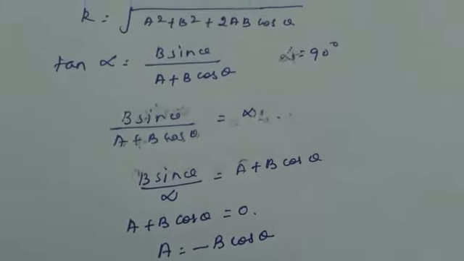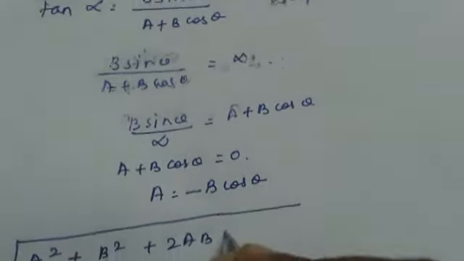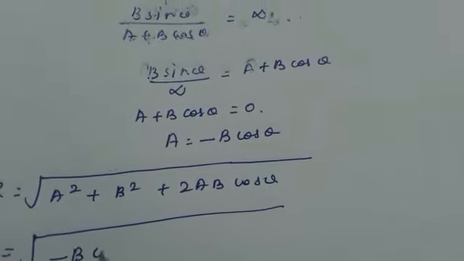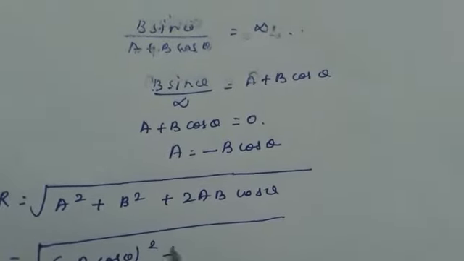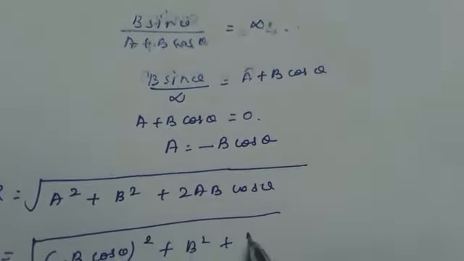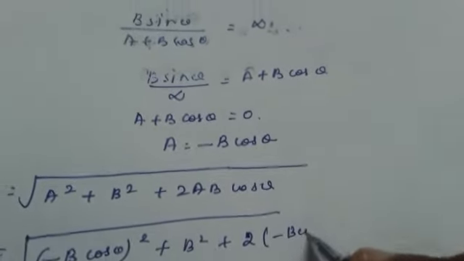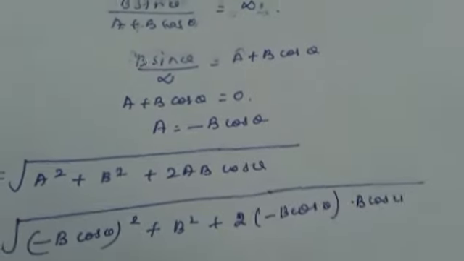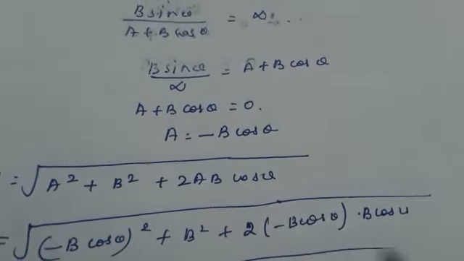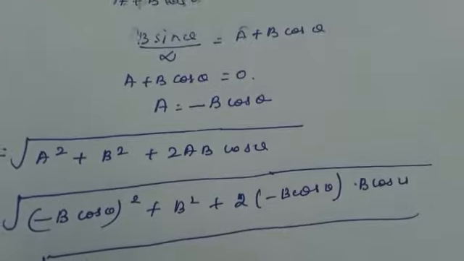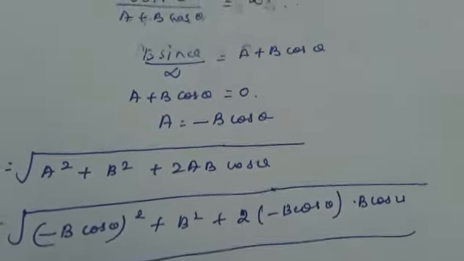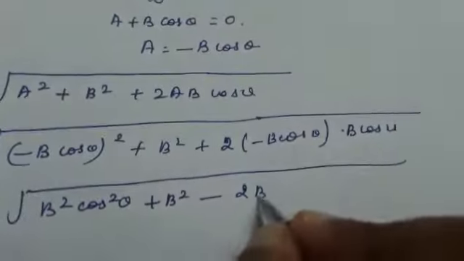So it is root of minus B cos theta the whole square plus B square plus 2 into minus B cos theta into B cos theta. So this can be written as root of B square cos square theta plus B square minus 2B square cos square theta.